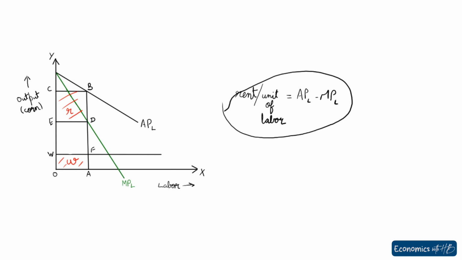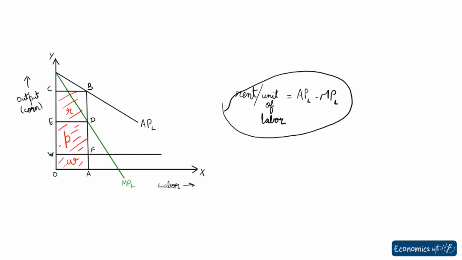So out of the total produce OABC using OA units of labor, OWFA is equal to total wages, CEDB is equal to total rents. This remaining part, area WEDF, is equal to what? Profits. That is the residual profits after deducting rents and wages from the total produce OABC.